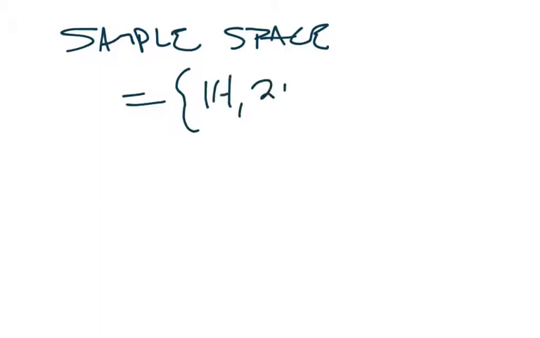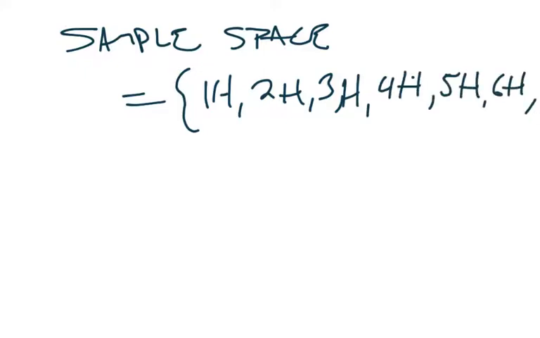All right, so our sample space for this experiment could be written out like this. Curly braces, 1H, 2H, 3H, and so on. And the same thing but with tails. 1T, 2T.